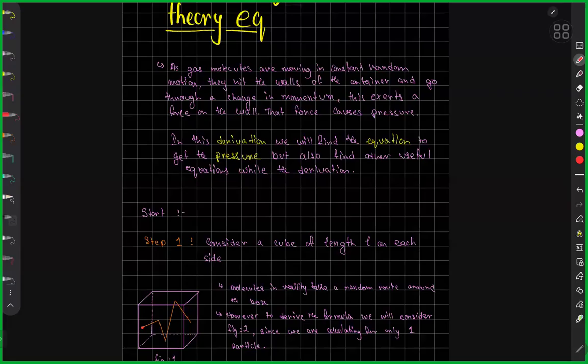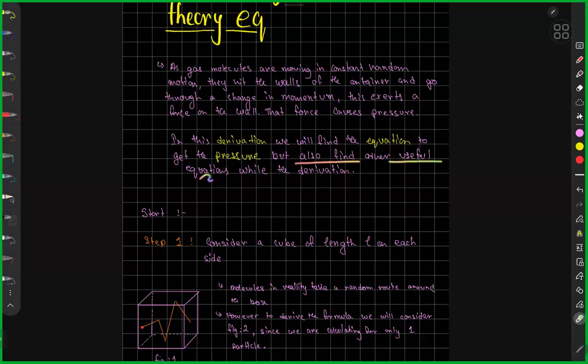So look, as gas molecules are moving in constant random motion, they will hit the walls of the container and go through a change of momentum in each of those collisions. Now, this exerts a force on the wall, and the force causes the pressure. We discussed this last class as well when we discussed the graphs. In this derivation, we will find the equation for pressure.